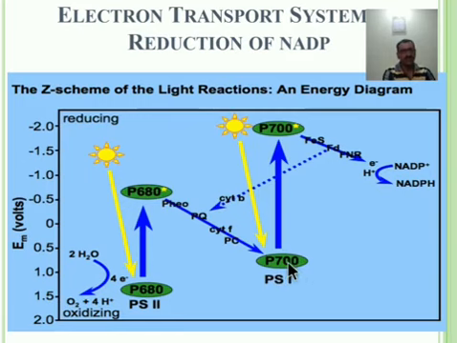This electron is again excited and goes in an upward direction and is absorbed by the FeS, or it is known as the FRS. FRS is the ferredoxin reducing substance compound, and further it goes to the FD, ferredoxin, a non-heme iron protein, and further this electron is absorbed by the NADP molecule.